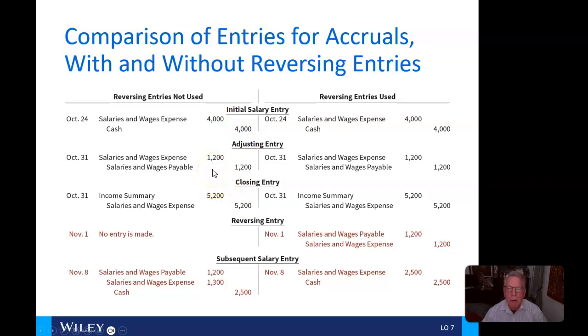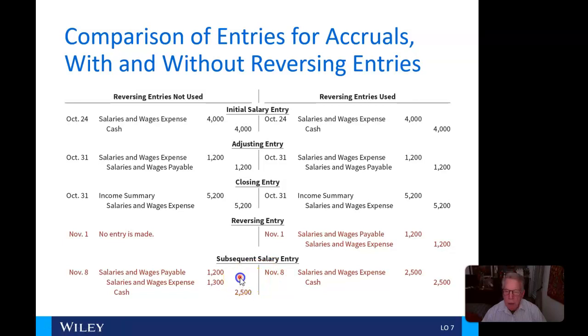Then we're going to have an adjusting entry here and an income summary adjustment here. So now the reversing entry, if used, we would just simply reverse this $1,200 that we did here. The opposite effect. And then we just book our normal salaries and wages expense. But you'll have to walk through that in your own study time.